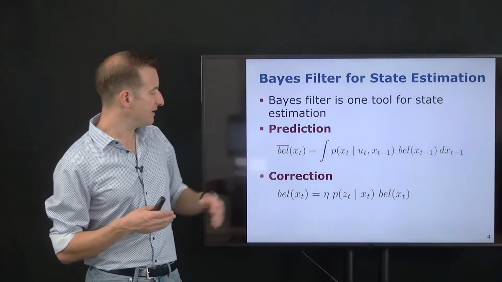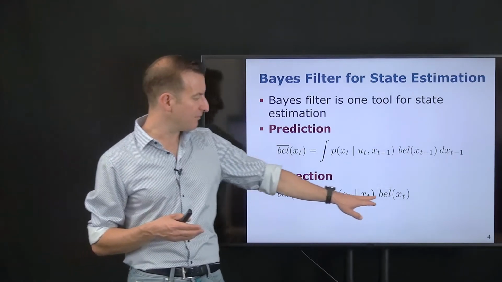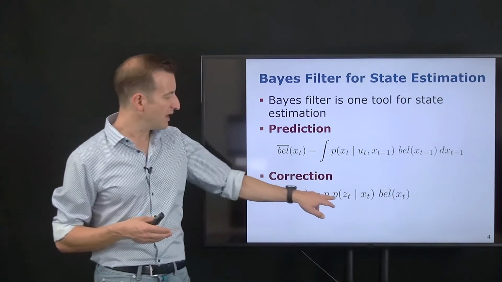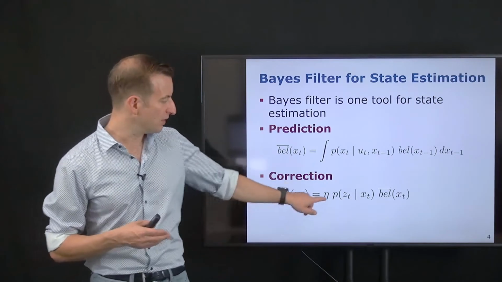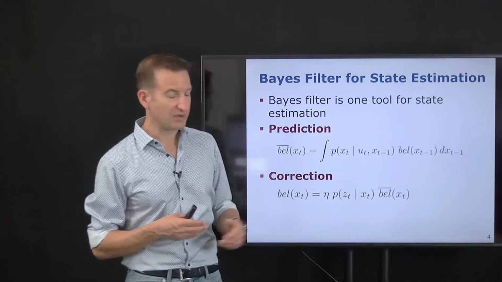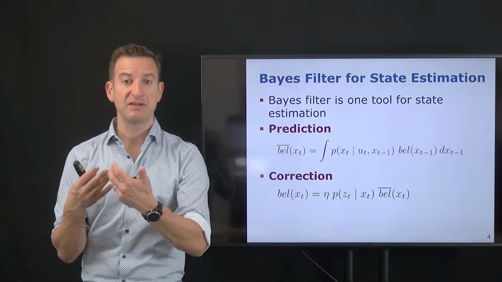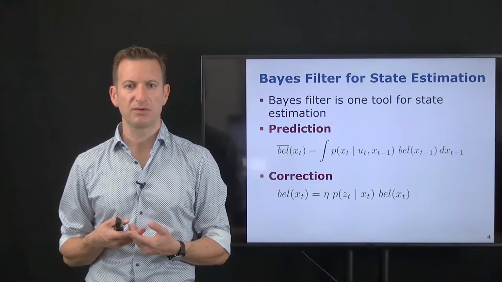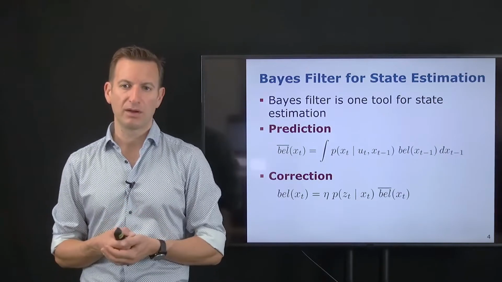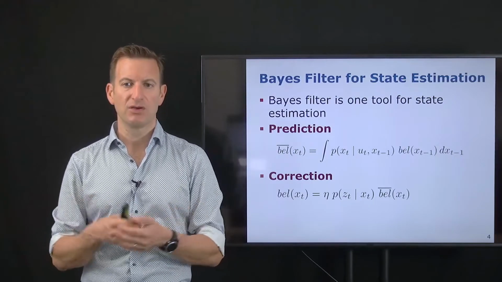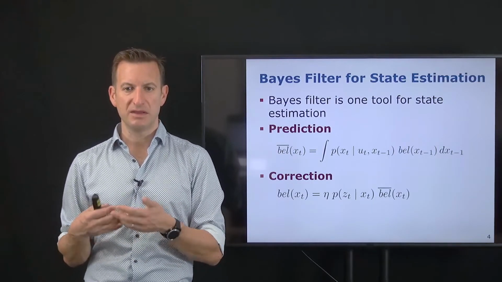Then in the correction step, I have my predicted belief, my prediction, and my observation model, which is shown over here, and this was just a normalization constant. Then I multiply those two probability distributions, the one from the prediction and the observation model, so that I'm actually correcting the prediction.